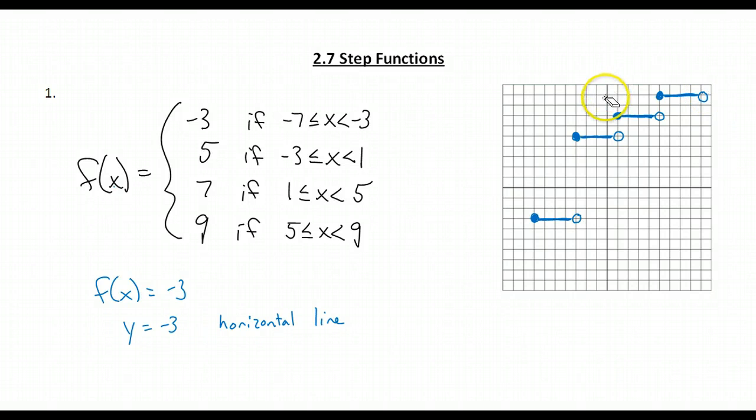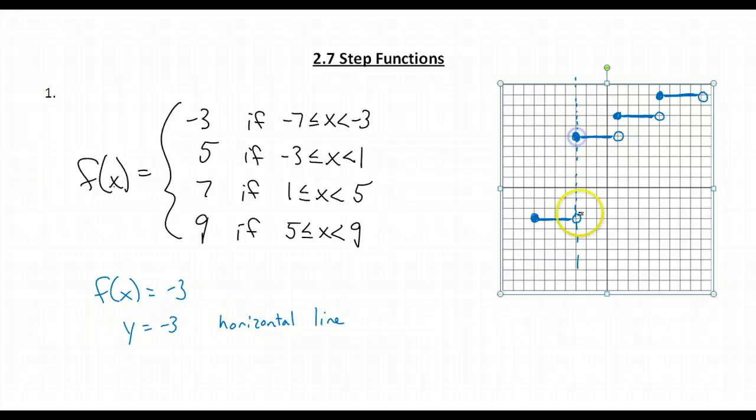So if I look at my graph, I do have a function. If I go from left to right, I always pass the vertical line test. If you look at this point right here, when x equals negative 3, I pass the vertical line test because I have a solid dot here and an open dot here.